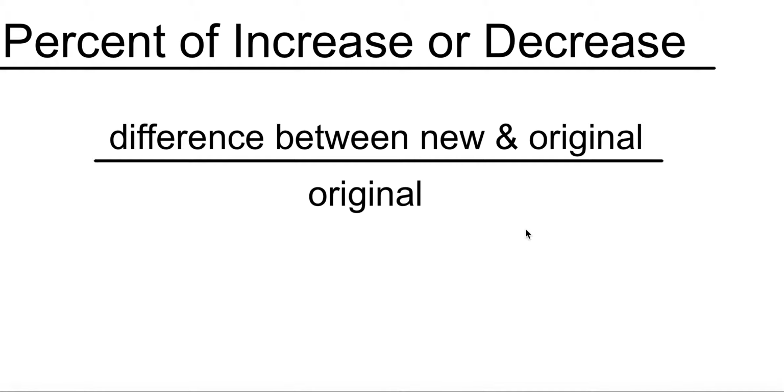Something may be $20 and then the price is increased to $25. So the original would be 20 and the new price would be 25. It could be the weight of something, but really prices is probably one of the common types of problems you'll see. So difference between new and original divided by original.